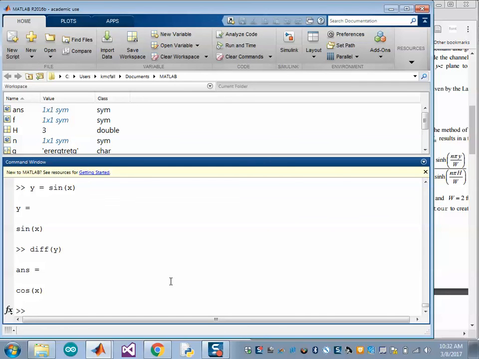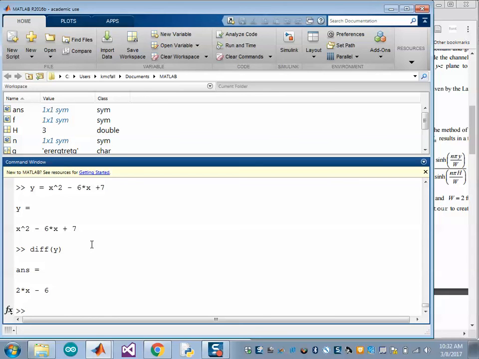Derivative of sine of x is cosine of x. Really handy, really nice. Okay? If I do something more complicated, let's say x squared minus 6 times x plus 7, and I take the derivative of y, that's going to be 2x minus 6. So I can use it to take derivatives.